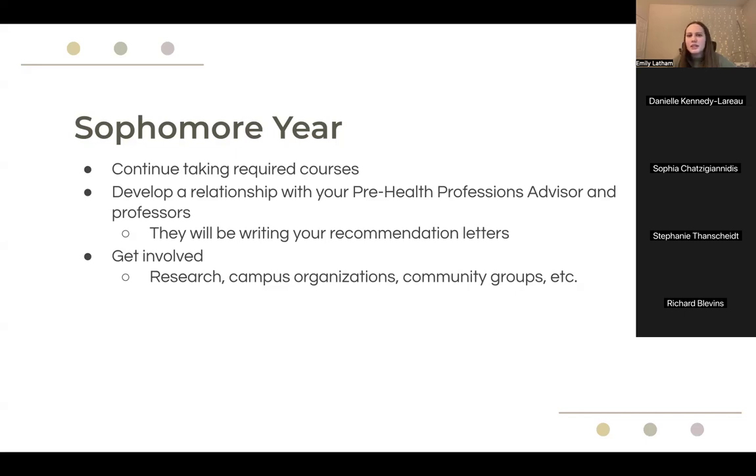on how to continue and get ready for med school and applying, and oftentimes they'll have a pre-health committee which can write a packet letter or a committee letter. And so that's really nice for schools to have.